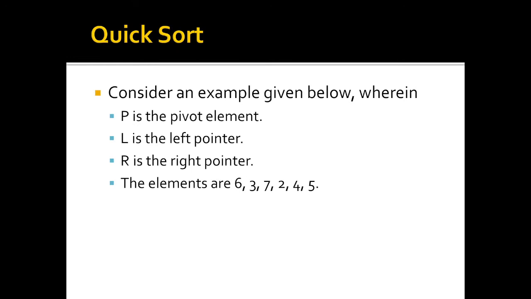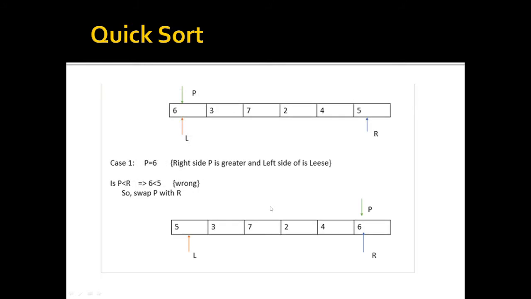So let us try to explain that using these example elements here. Consider an example given below wherein P is the pivot element, L is the left pointer, and R is the right pointer. The elements are 6, 3, 7, 2, 4, and 5.